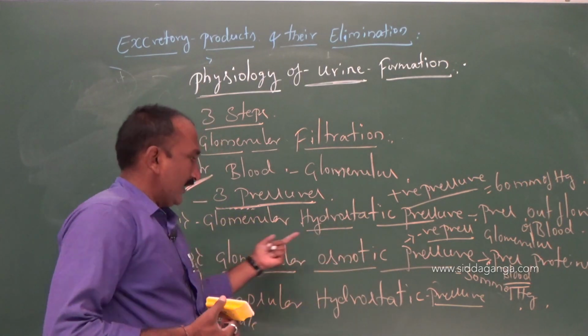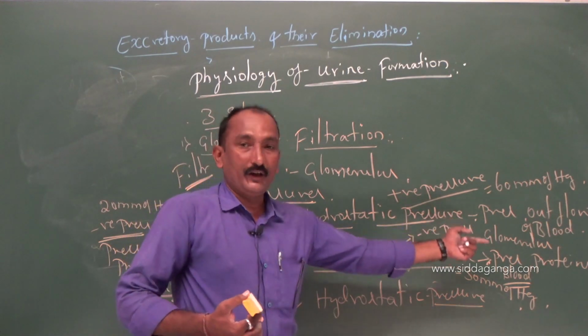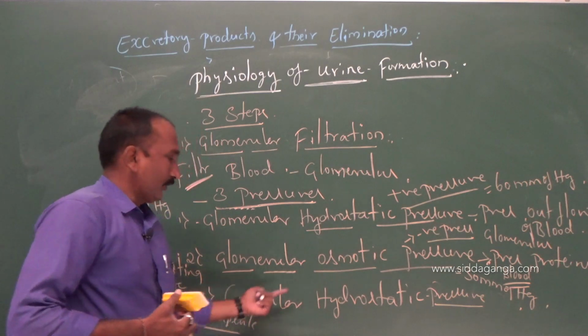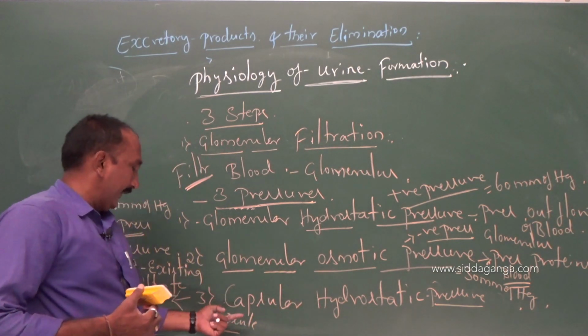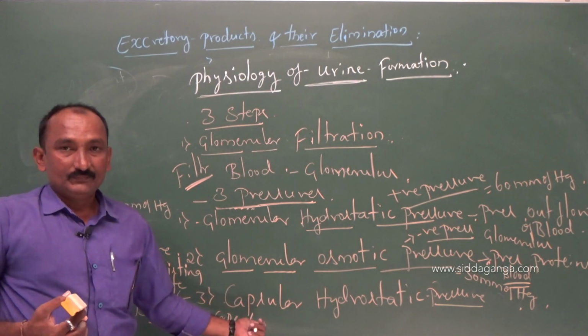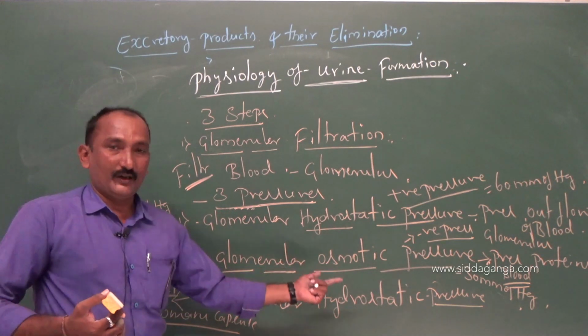Glomerular osmotic pressure is the pressure exerted by the proteins found in the blood. Capsular hydrostatic pressure is the pressure exerted by pre-existing filtrate in the Bowman's capsule.